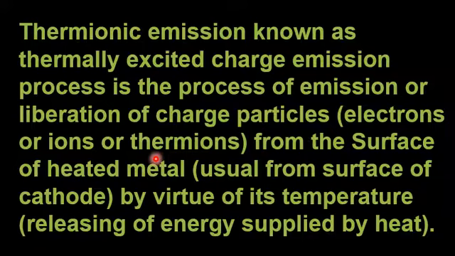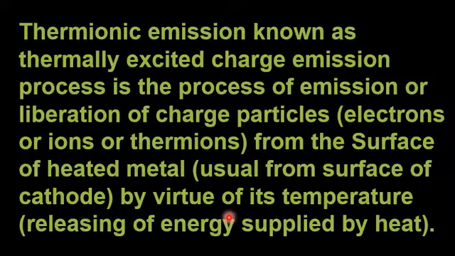So when the metal is heated up to a certain temperature, then due to the heat, the free electrons from the surface of the metal will start to be ejected, or they start to be liberated. Basically they just fly away from the surface of the metal due to the heat. So this phenomenon is known as thermionic emission.